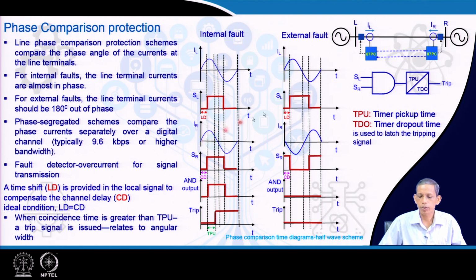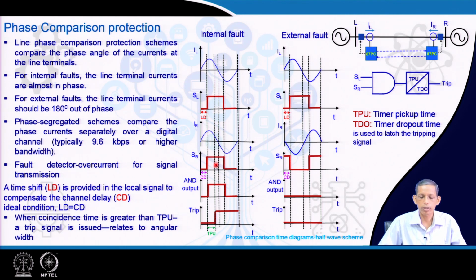Similarly, at the remote end, the corresponding sinusoidal signal is like this for the internal fault also, because of the proper CT connection, and then you make the square wave, again related to the corresponding 0 crossing point, and only in the positive half.